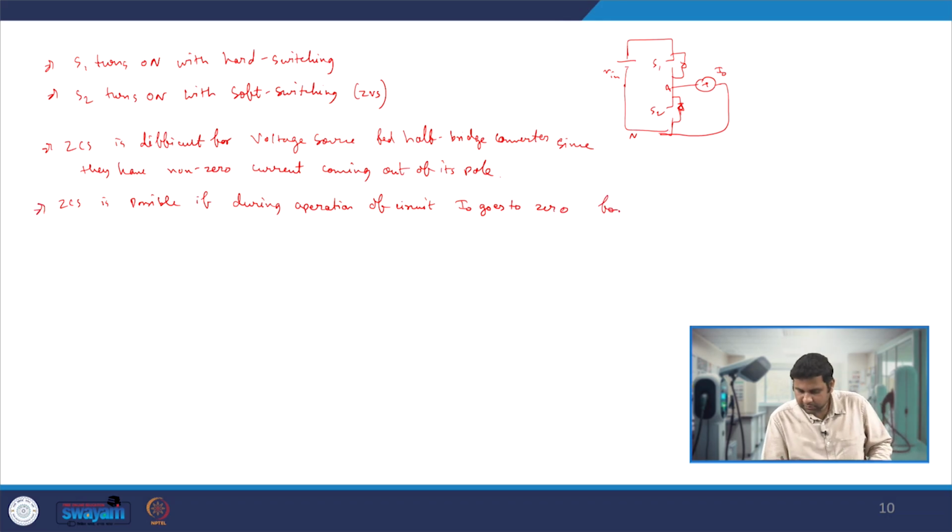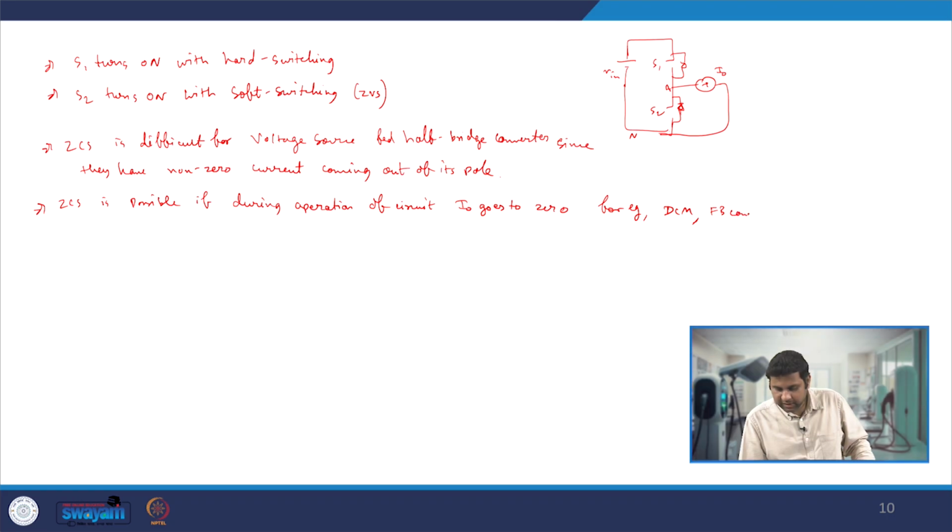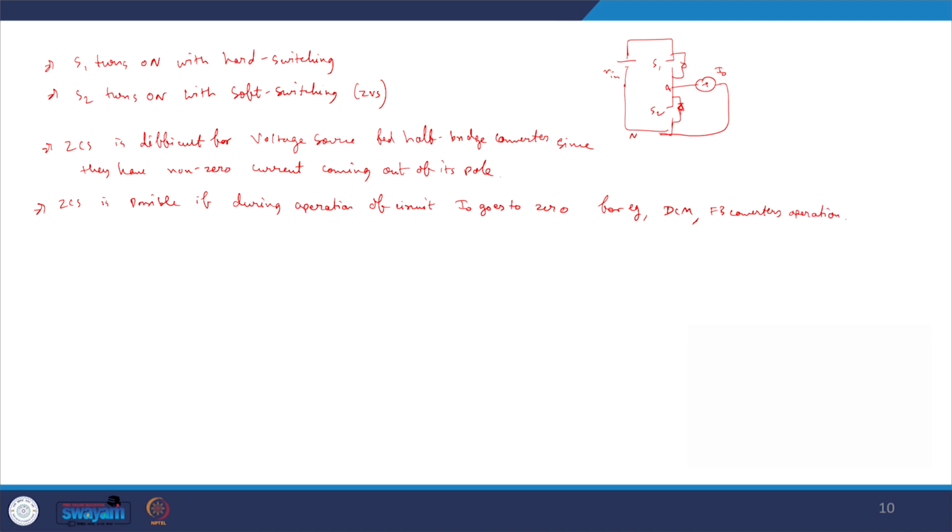For example, in DCM operation, or sometimes during operation of full bridge converters, these conditions may arise. So that is ZCS only if that holds.